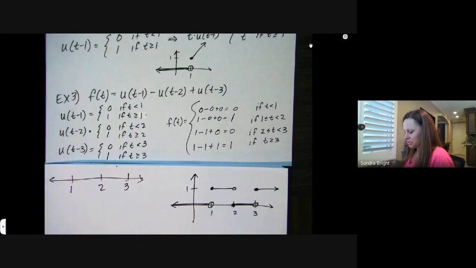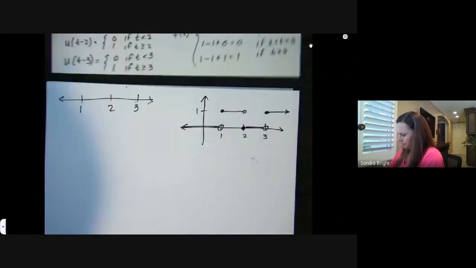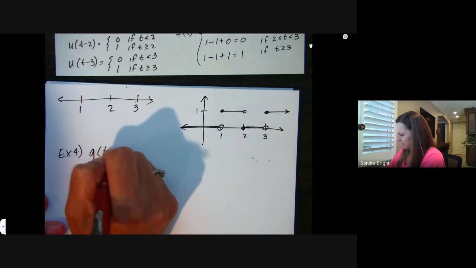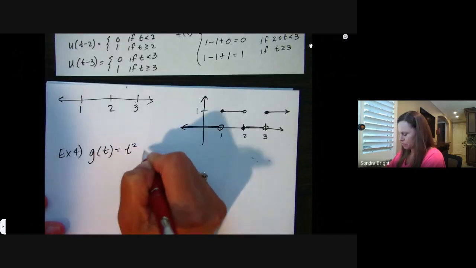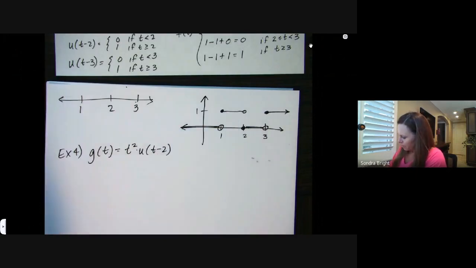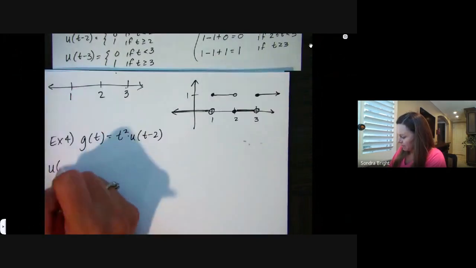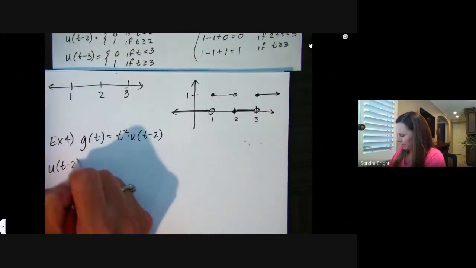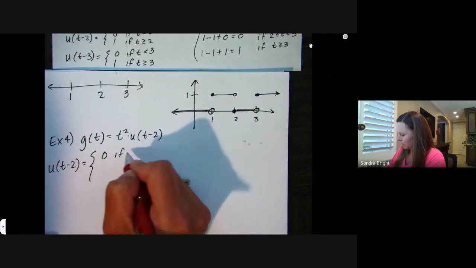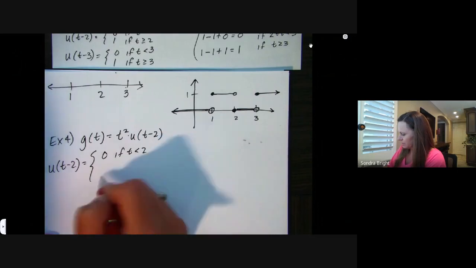Okay, let's do one more of this type. That is g of t is t squared times u of t minus 2. So let's start with u of t minus 2. By definition, that is 0 if t is strictly less than 2, and 1 if t is greater than or equal to 2.